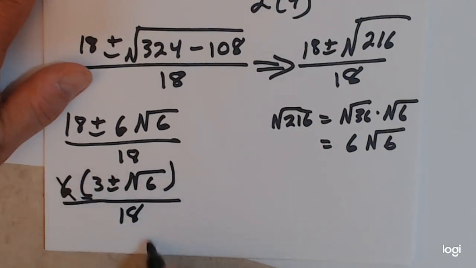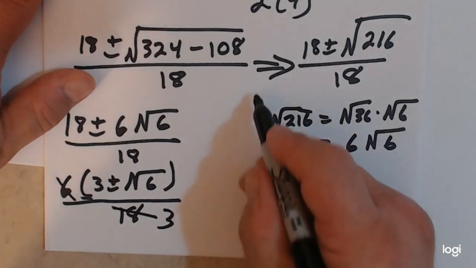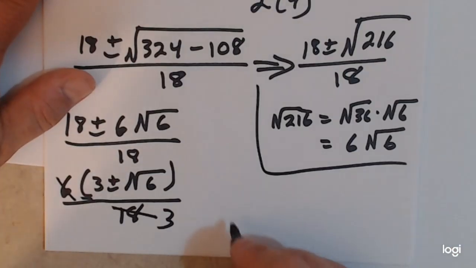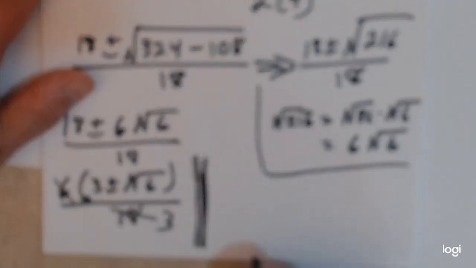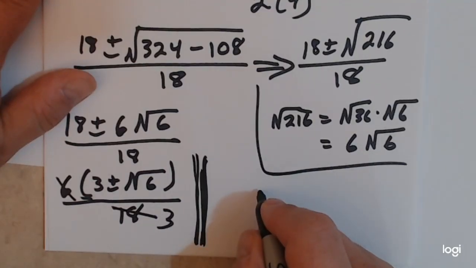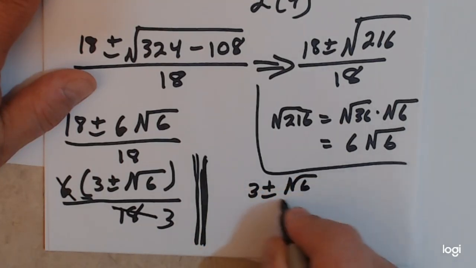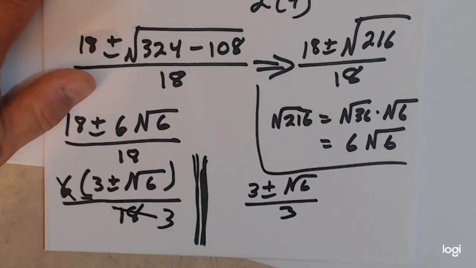So if we cancel that and we cancel that, we wind up with 3 in the denominator. So that's going to give us 3 plus or minus the square root of 6 over 3. Did I do that right?